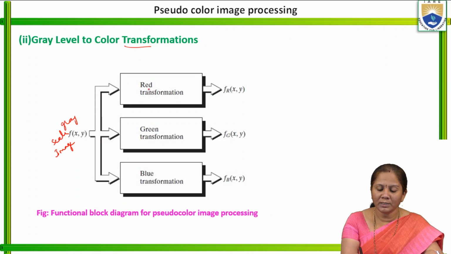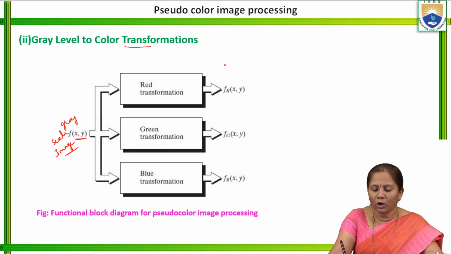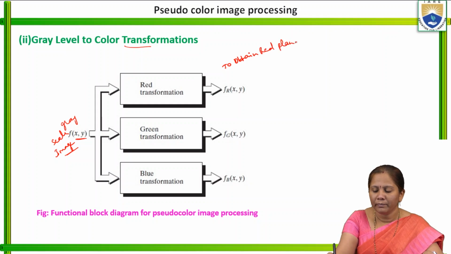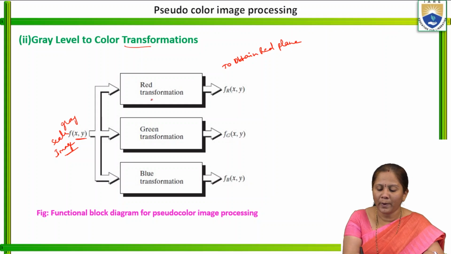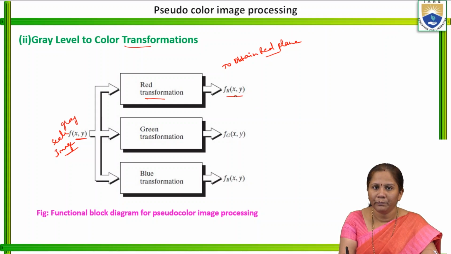The first is the red transformation, the second is the green transformation, and the third one is the blue transformation. This grayscale image f of x comma y should be passed through these 3 transformations in order to obtain the red plane, which is represented as fr of x comma y.